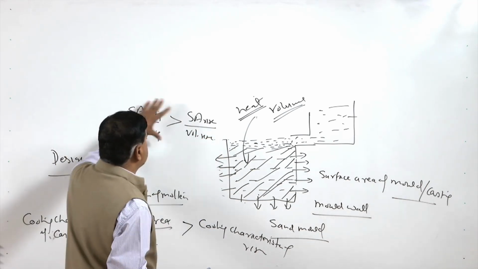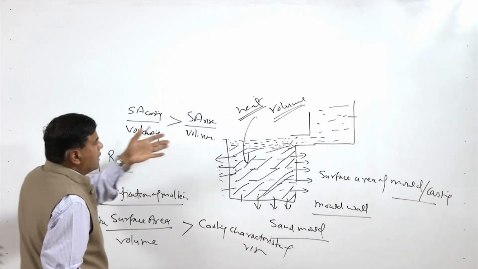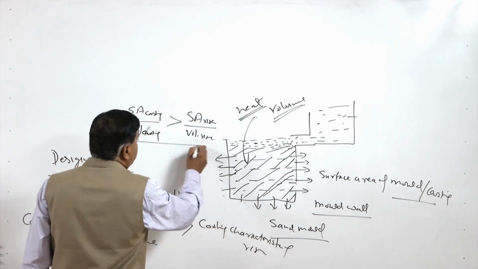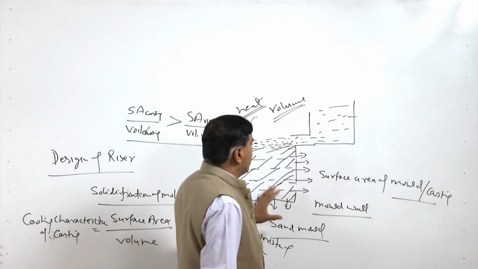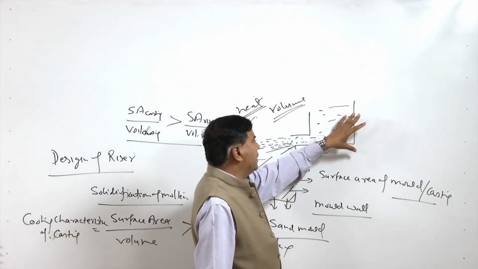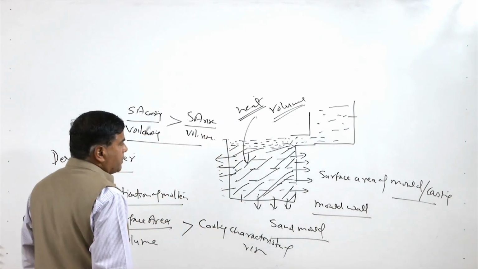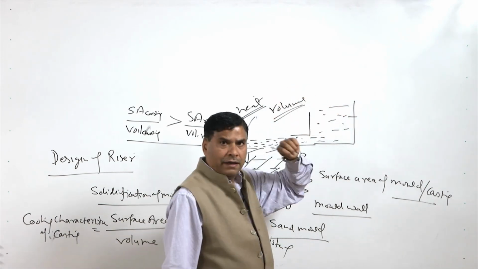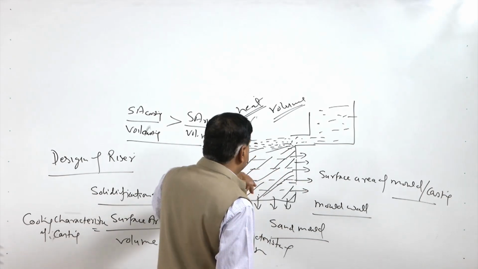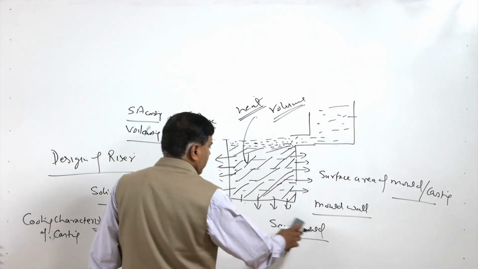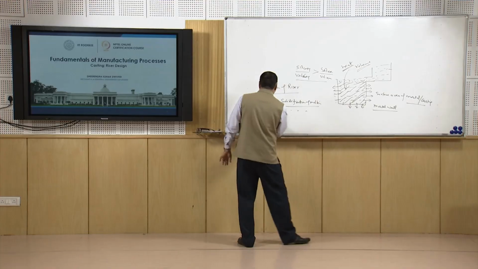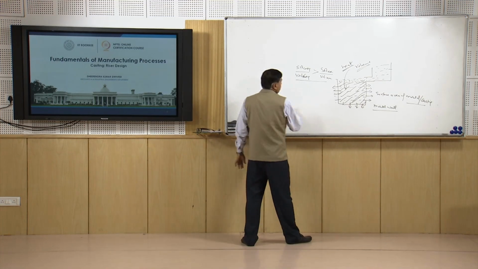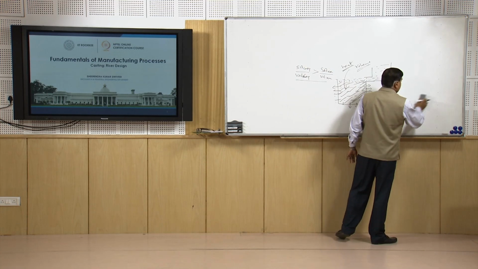If the riser is prepared in such a way that this ratio is obtained, this ensures that the casting will solidify earlier than the riser. Means the metal in the riser will remain in the liquid state for a longer period as compared to the casting. So, the cooling characteristic is one of the important characteristics related to the design of risers.